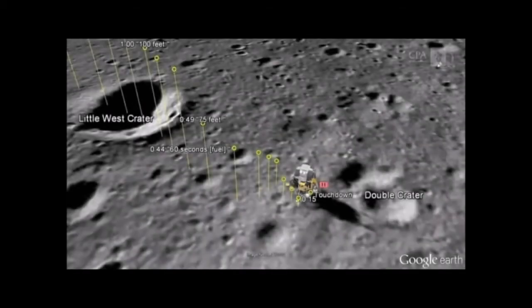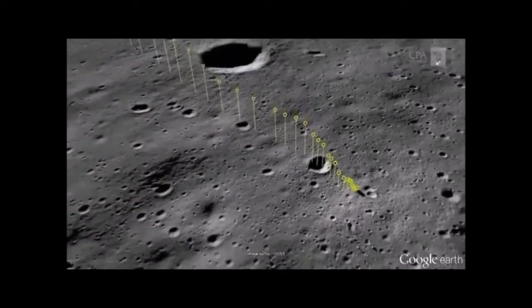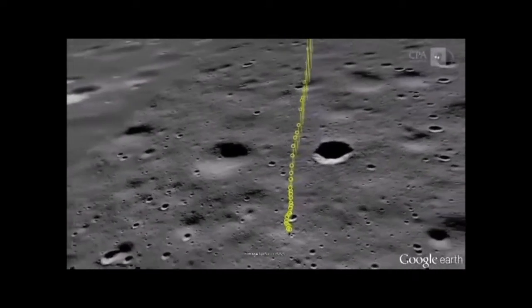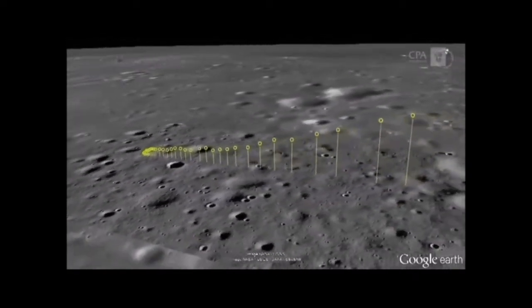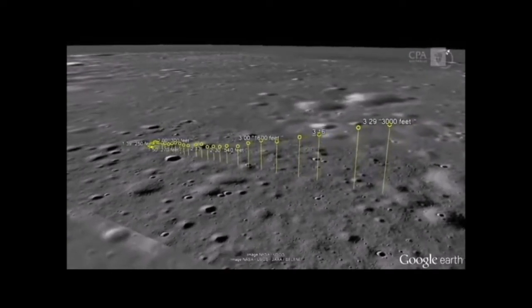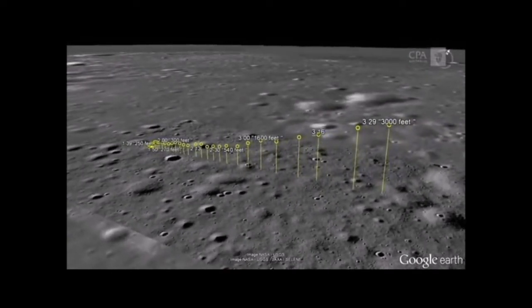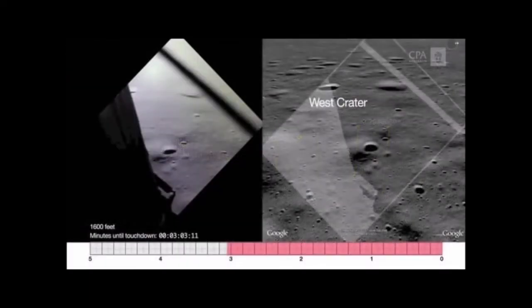This slide shows the trajectory to the surface. The actual powered descent of the lunar module to the surface took 12 minutes and 32 seconds. And this is just the final 3 minutes, the part that's really interesting as you get close to the surface of the moon. Now, in the left screen, you will see the original 1969 movie film that we took from the window of the lunar module Eagle.